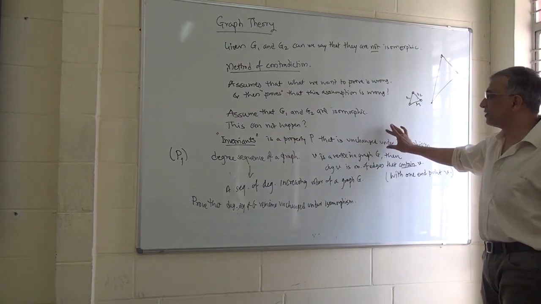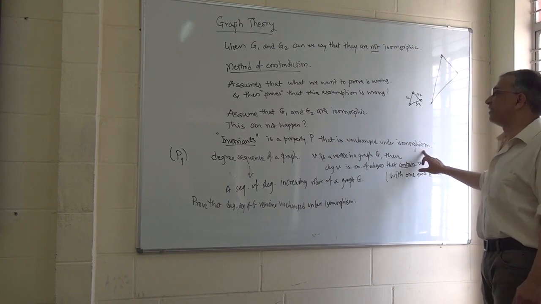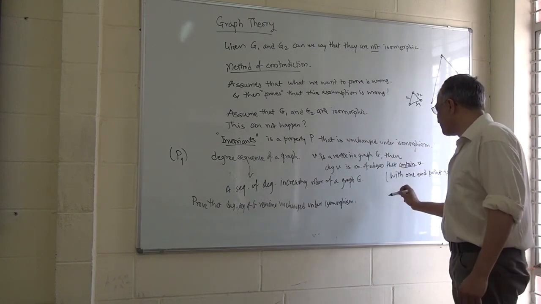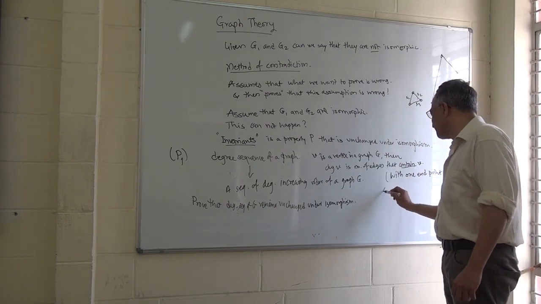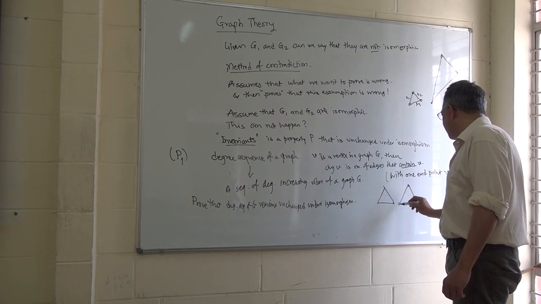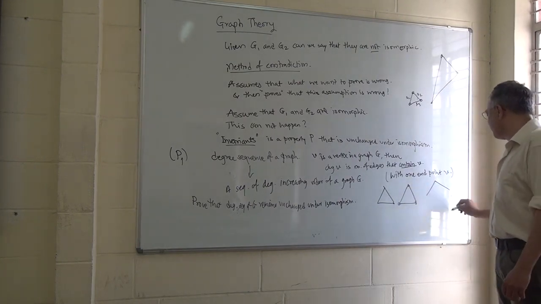And a well-defined property from a mathematical point of view just means that it is invariant under isomorphism. So let's look at it this way. Suppose I have now these two graphs, two triangles and a hexagon with some edges.